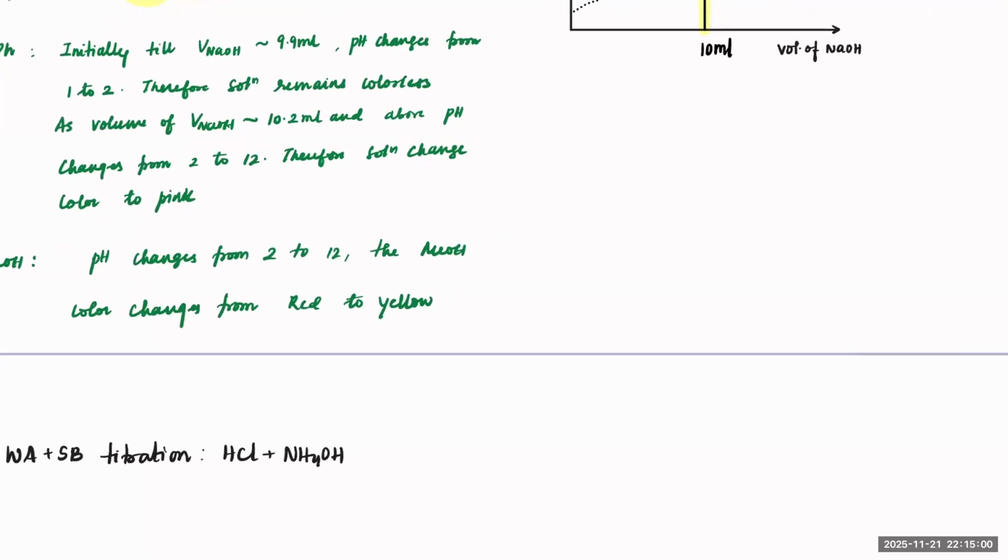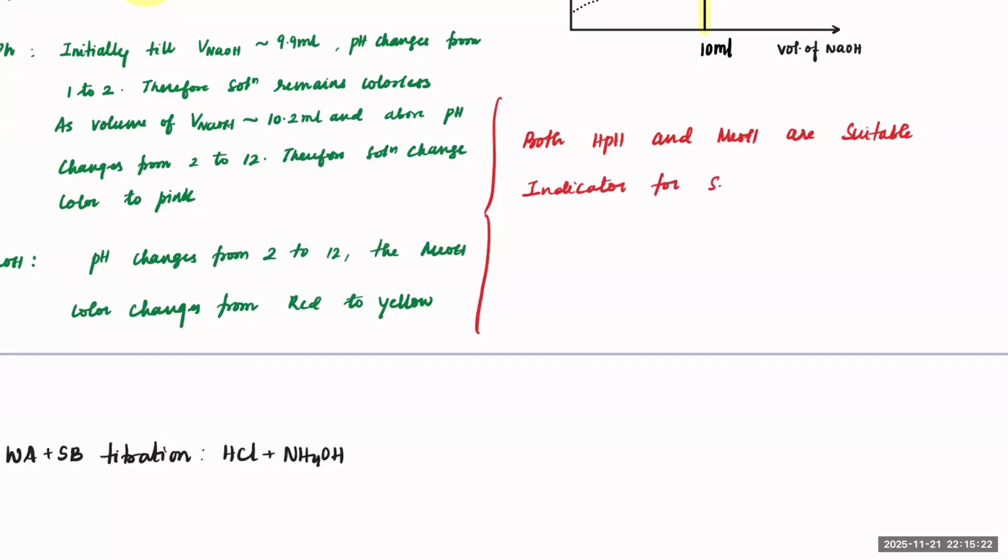So from this, what we can conclude is that both phenolphthalein and methyl orange are suitable indicators for strong acid and strong base titrations.